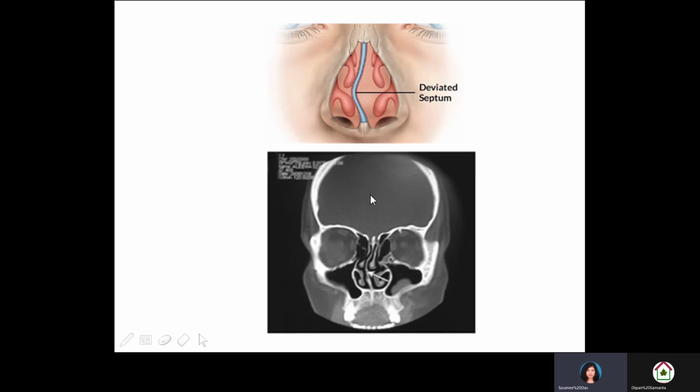Whenever it is very easy to identify the bony outline of the presenting structure, we will first see whether the bones are presenting as bright white or not.